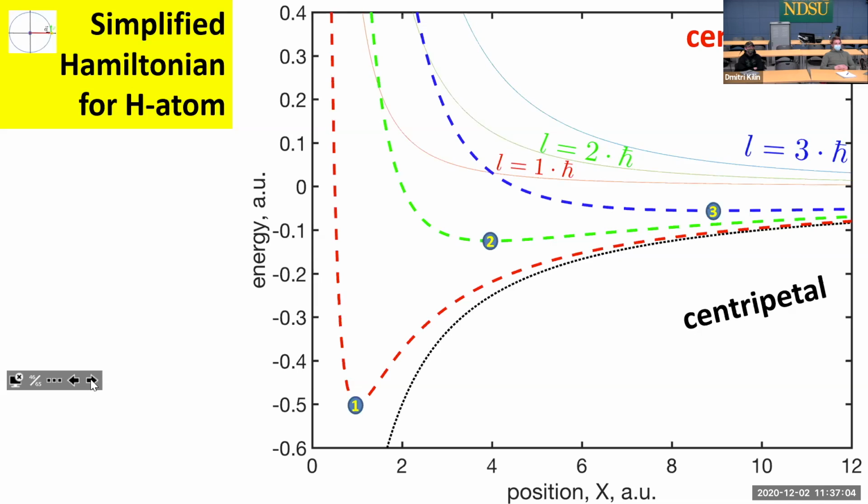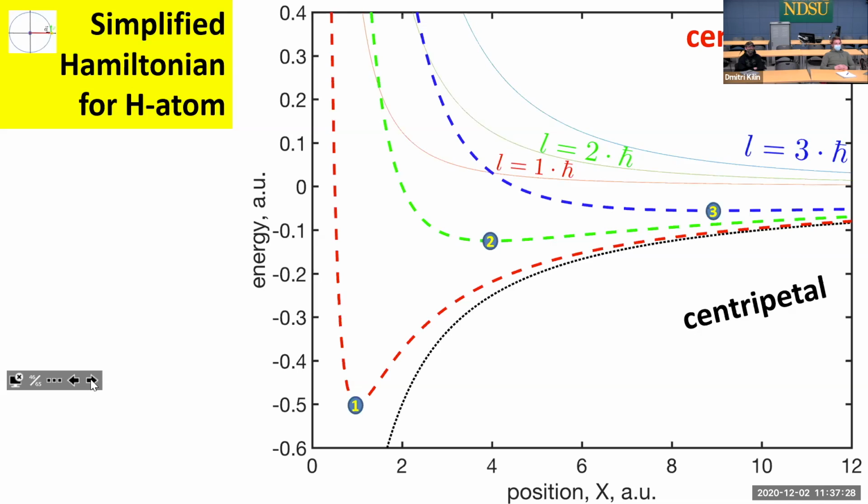So Coulomb attraction is always the same, and the centrifugal repulsion becomes more and more repulsive if it rotates quicker. And by adding together these short dashes and one of the colored solid lines, one would get these potentials.